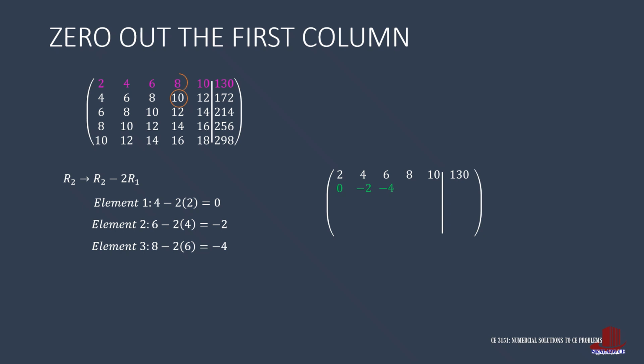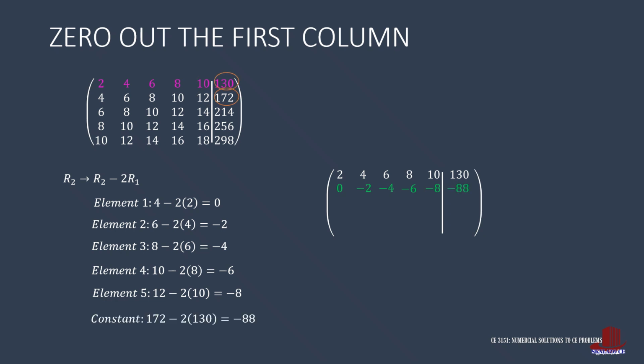Followed by 10 minus twice of 8, which is negative 6. The fifth element is 12 minus 2 times 10, giving negative 8. From the constant, there is 172 minus twice of 130, which results to negative 88.